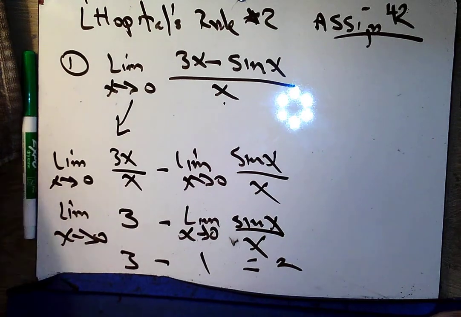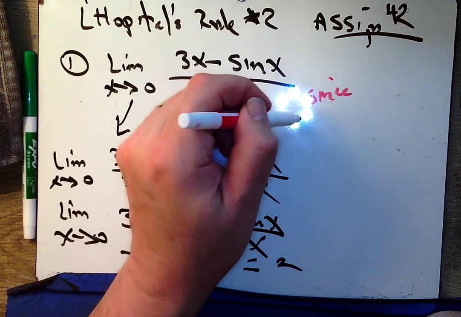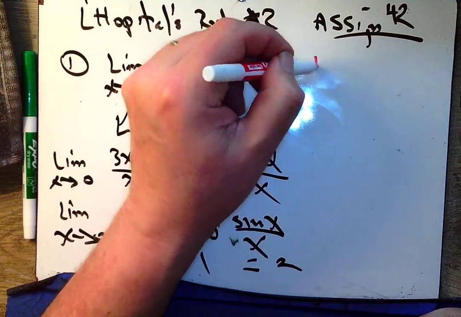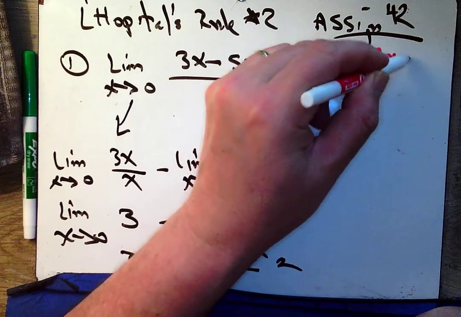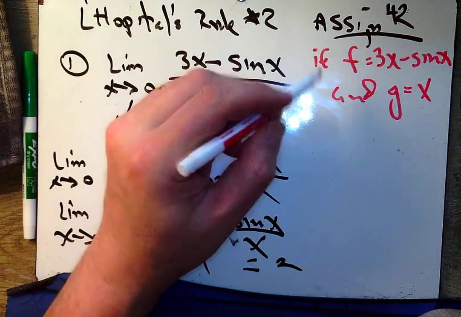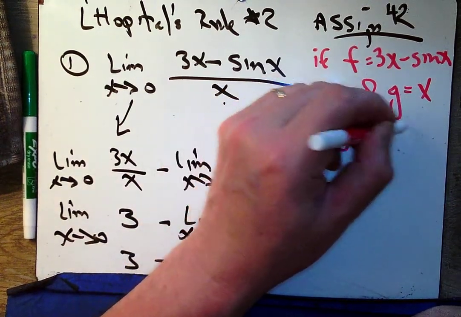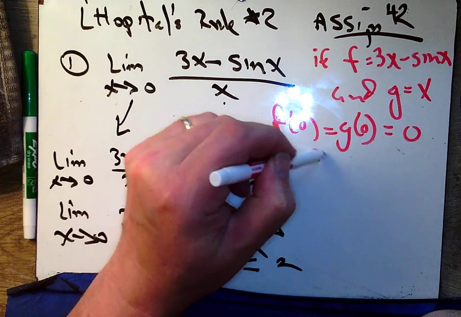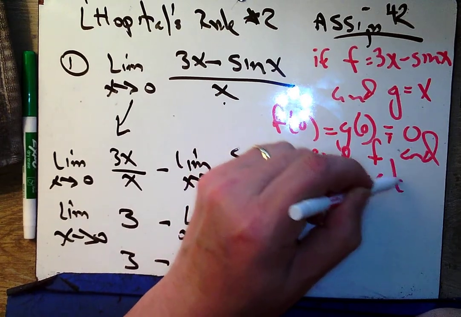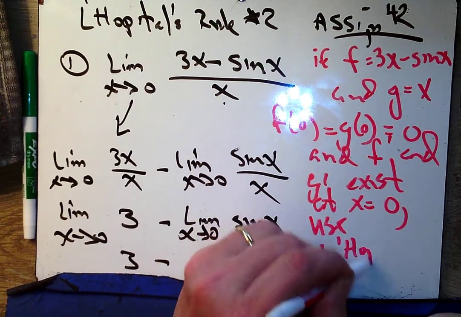And tell me about the L'Hopital's rule approach. Well, I think I want to start: if f equals 3x minus sine x and g equals x, f of 0 equals g of 0 equals 0, and f prime and g prime exist at x equals 0, use L'Hopital's.